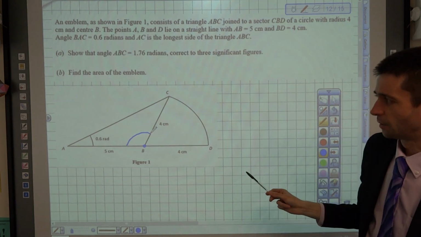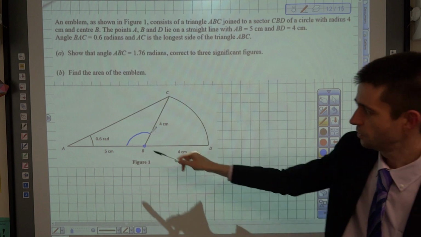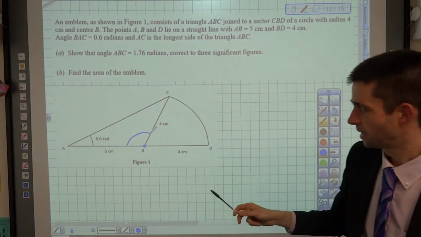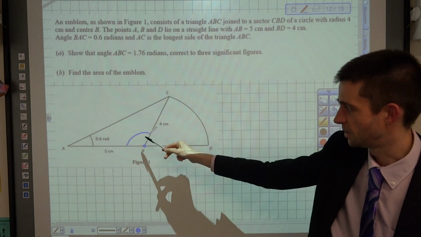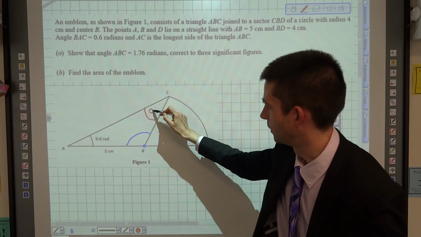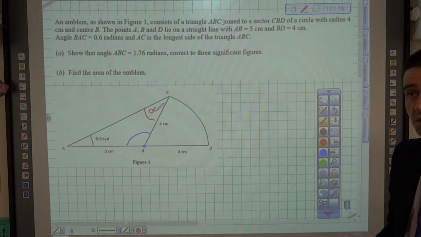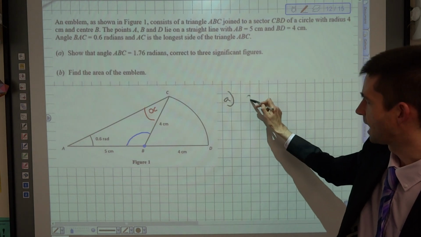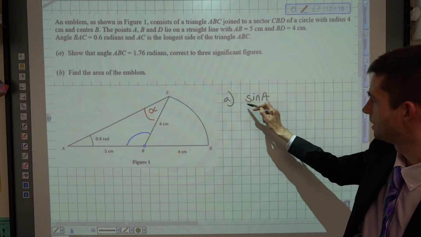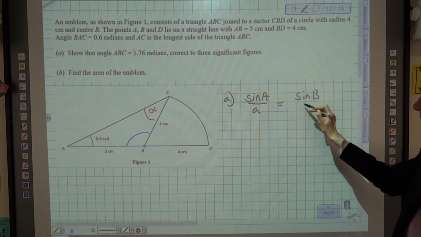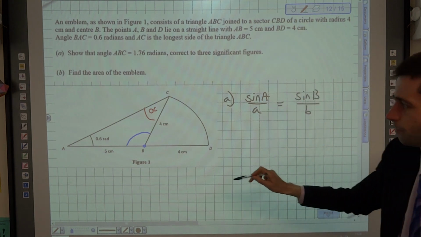So, how am I going to start off finding this angle then? Well, I've got two sides and I've got one angle here. I don't at the moment have enough information to find this angle straight away, but what I can do is find this angle here, which I'm going to call x, using the sine rule. So, sine rule to find angles, I'm going to use sine A over a is equal to sine B over b.